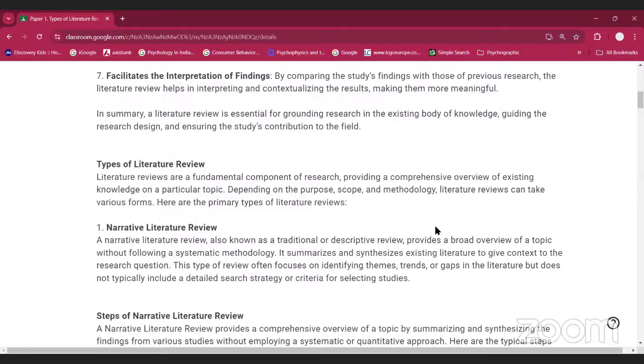So that is not considered in the narrative literature review. They are giving much attention to summarizing, compilation, and synthesizing the previous studies.